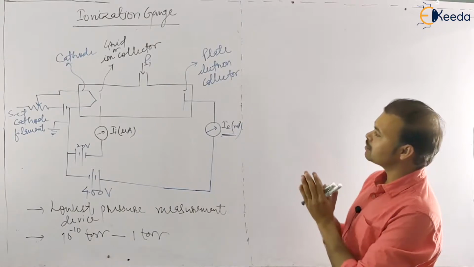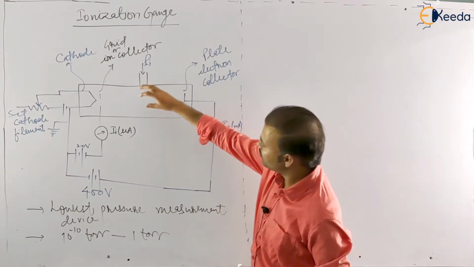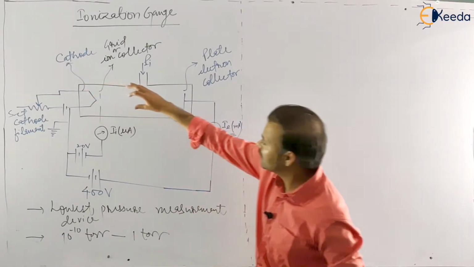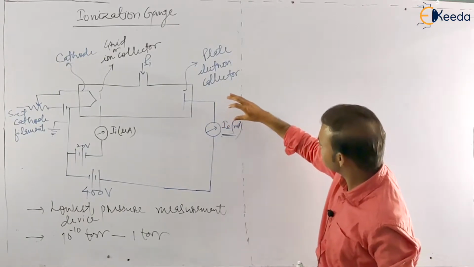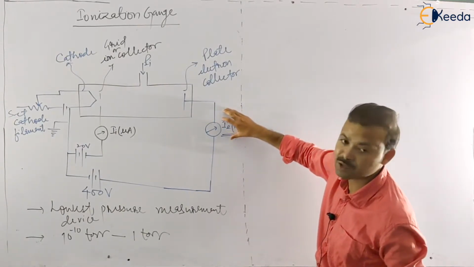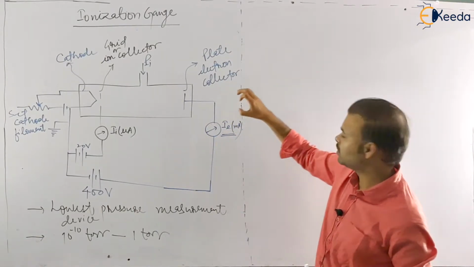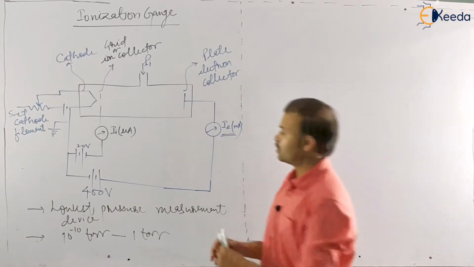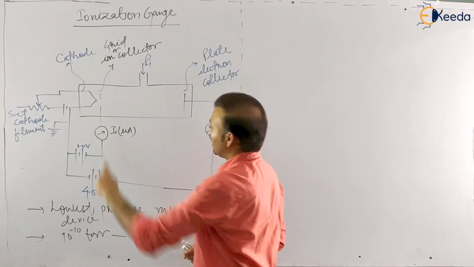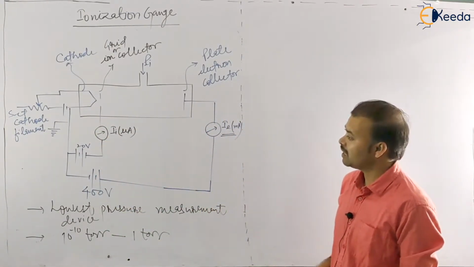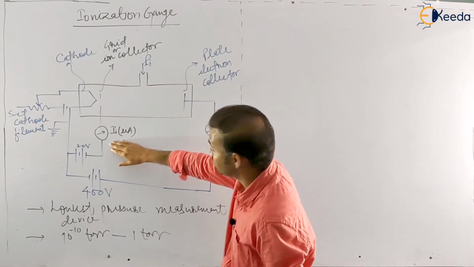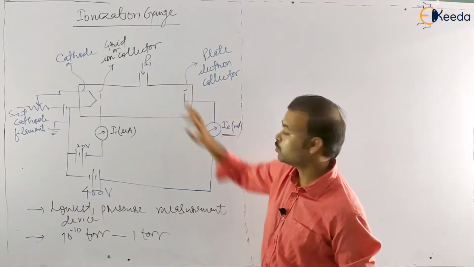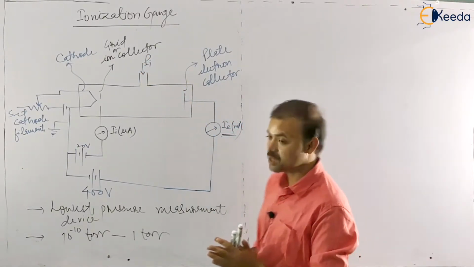If very few molecules get ionized by this cathode, there will not be any significant change in this electron current, because it is already very large. But there will be a change in the ion current, and this ion current will give you the measure of the pressure applied through here. I hope the principle is clear here.